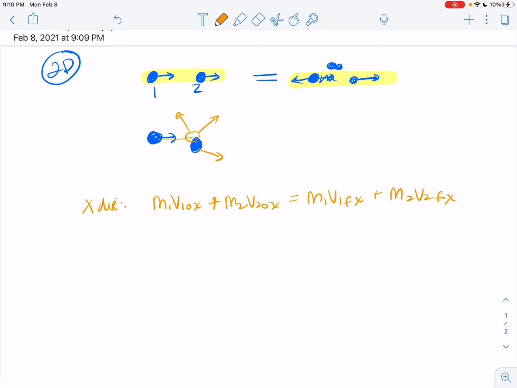So you'd have everybody in the x direction, and then in the y direction you'd have a similar thing: m1 v1 initial y plus m2 v2 initial y equals m1 v1 final y plus m2 v2 final y.